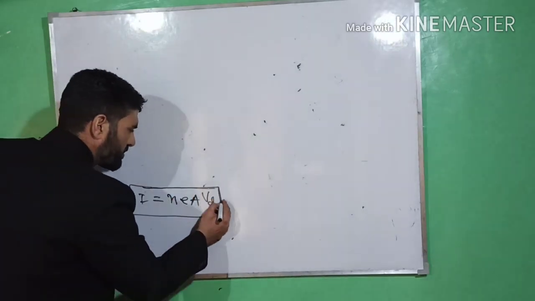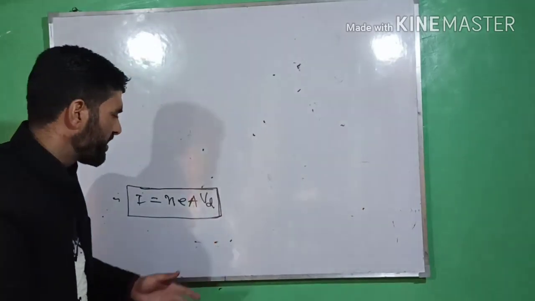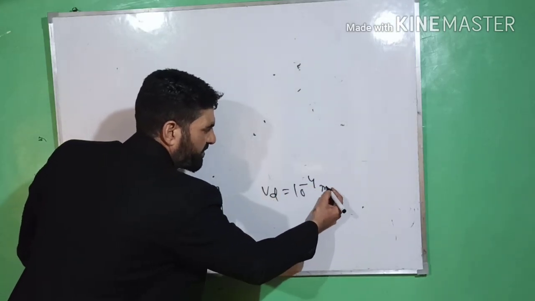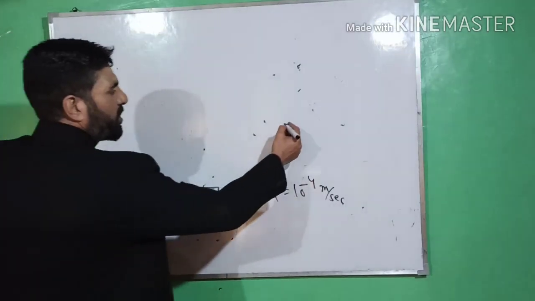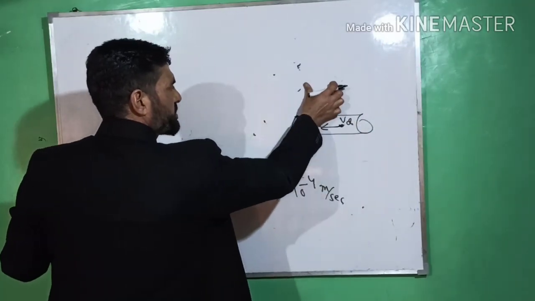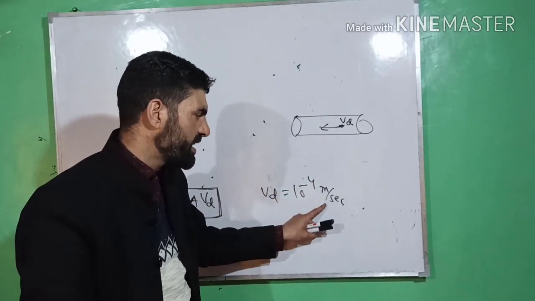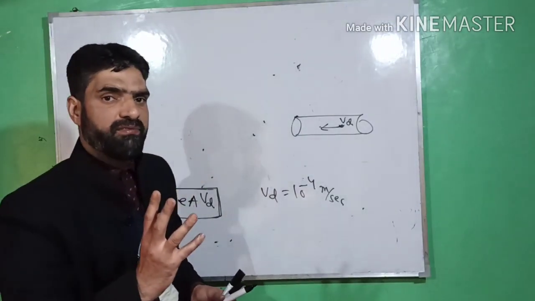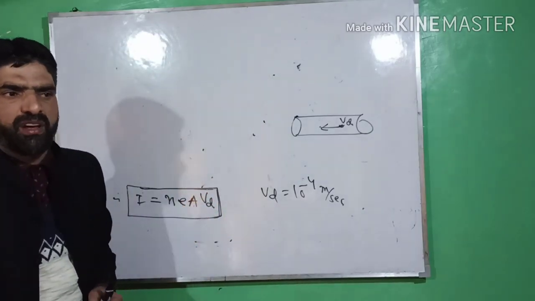Sometimes some students pose the question that sir, if the drift velocity of electrons is 10 raised to the power minus 4 meter per second, then how is it possible, because in conductors the electric current is due to drift velocity of electrons, but if it is only of the order of 10 raised to the power minus 4 meter per second, then how is it possible that a bulb glows instantly when we close the circuit, when we switch on the circuit?